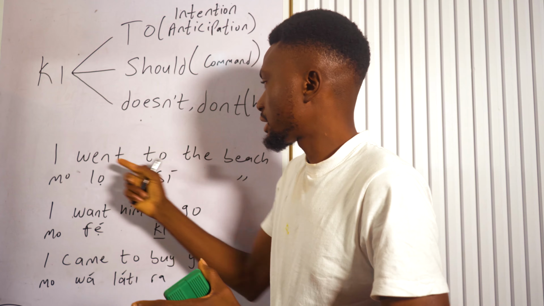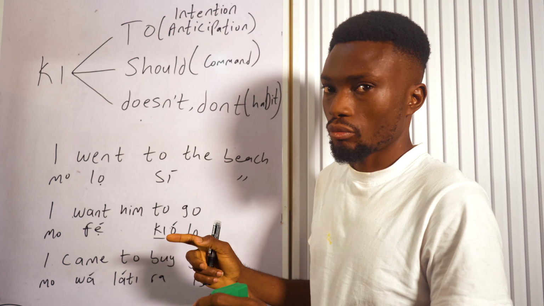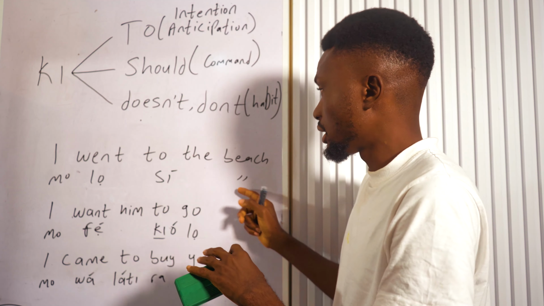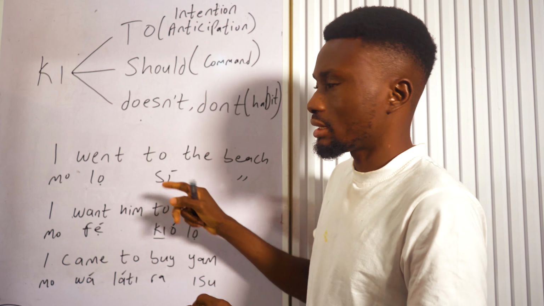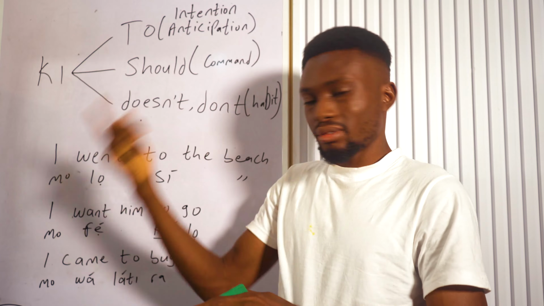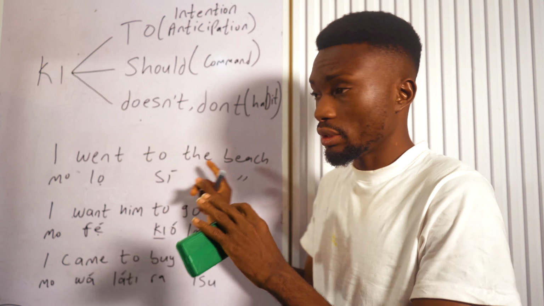But in this case, the "to" here, the beach, if it's actually a location, Yoruba will use "sí". "Sí" is like movement of one thing to another. But of course, that's not where we are going, but I put it there to let you know.